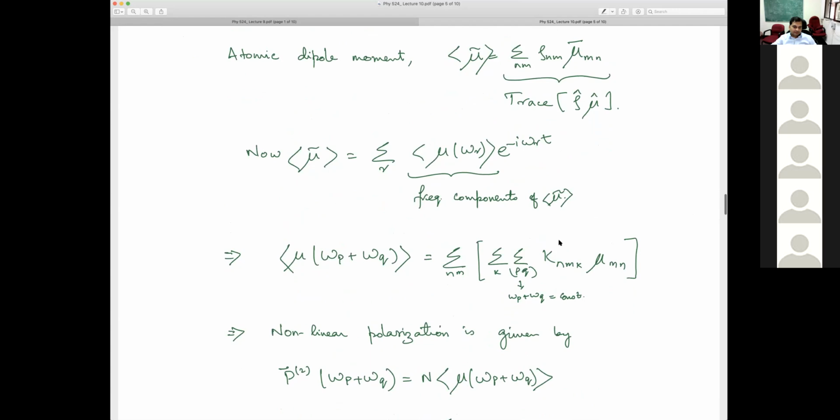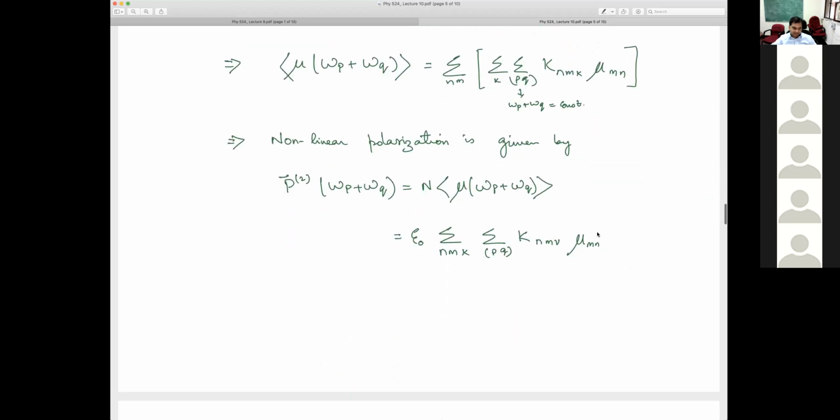So I explicitly wrote down K. There is a short form of writing mu. We will write this down explicitly, and you can connect it to the polarization. So this is the second order correction to the dipole moment of one atom. This is the second order correction to the polarization of all atoms.